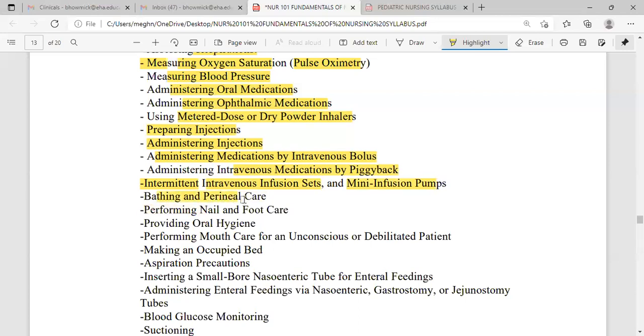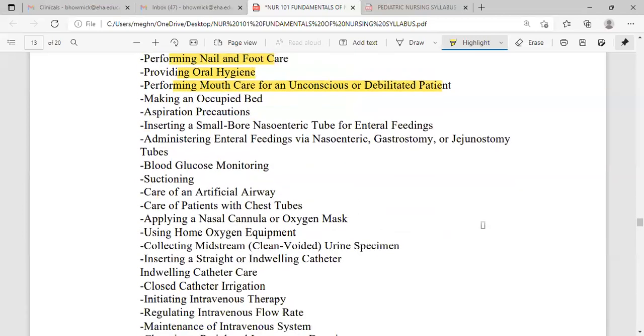Measuring the perineal care, performing nail and foot care, oral hygiene, perform mouth care for unconscious or debilitated patients, right? How to make bed or occupied bed. So it is the keyword, my friend.